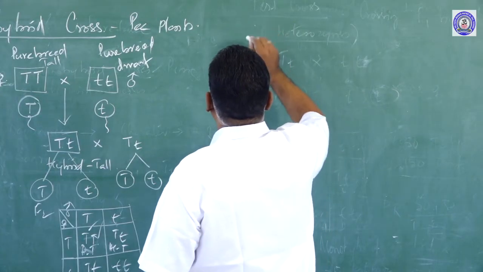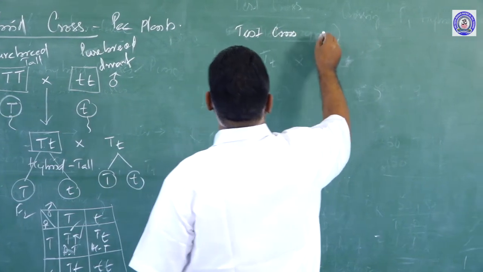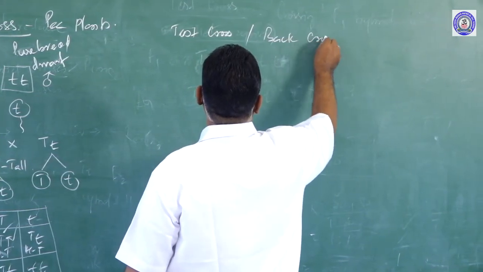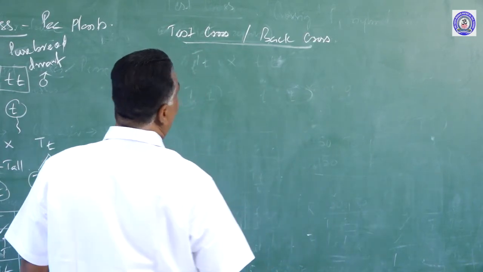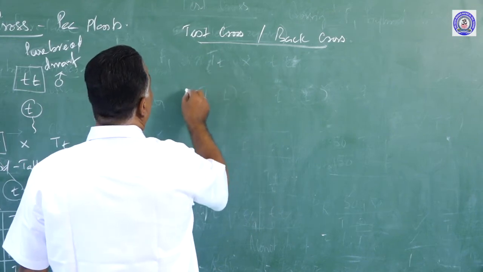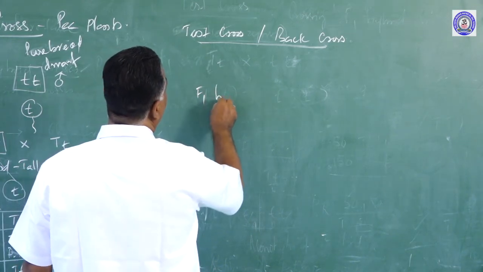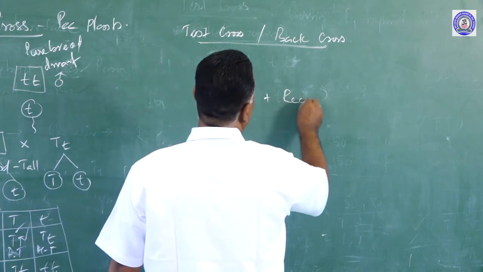See, there are two terms, test cross and back cross, as stated by Mendel. What is test cross and what is a back cross? The test cross is one which is made between the F1 hybrid with recessive parent.